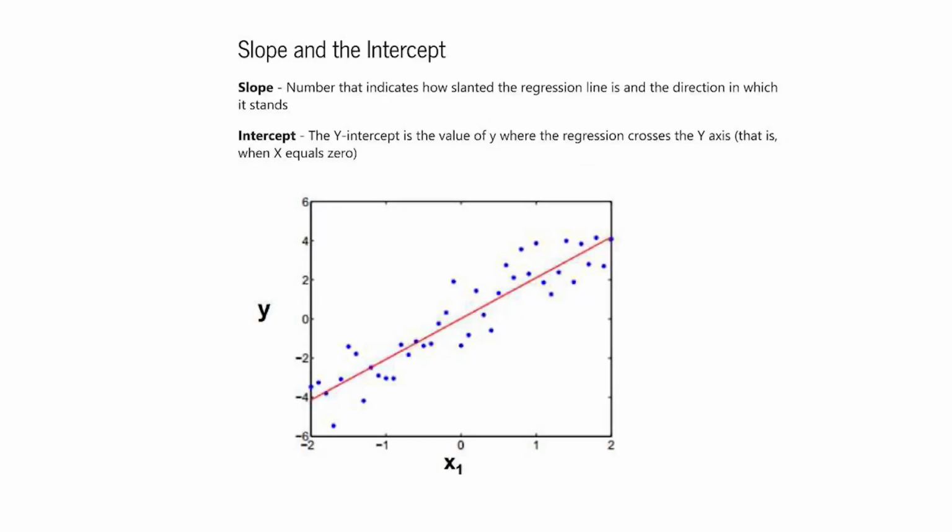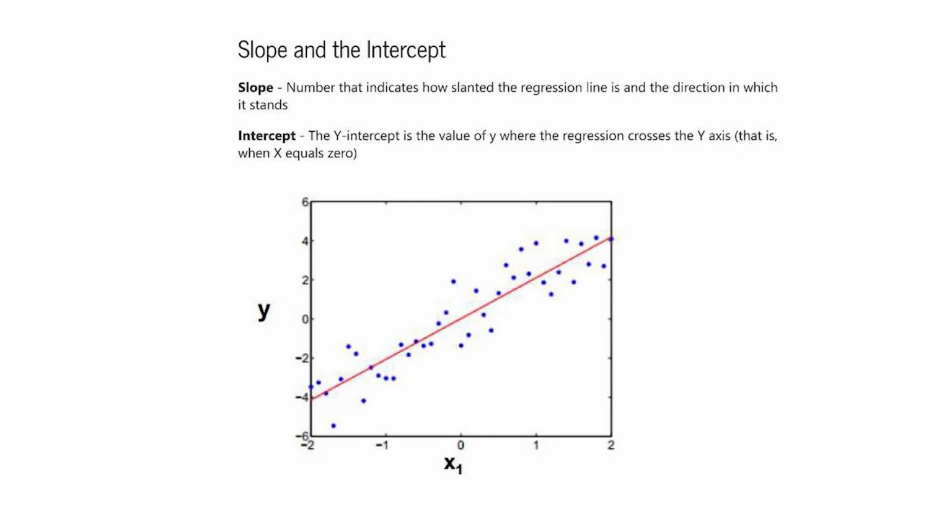So in the most simple case of linear regression, where you only have one feature, for example, we are trying to predict the price of the house, and we only have one feature, the number of rooms in the house. So it will be represented by a line, and there are two parameters: slope, which is also represented as omega 1, and intercept, which is represented as omega 0 in our equation before. So the slope is a number that indicates how slanted the regression line is and the direction in which it stands.